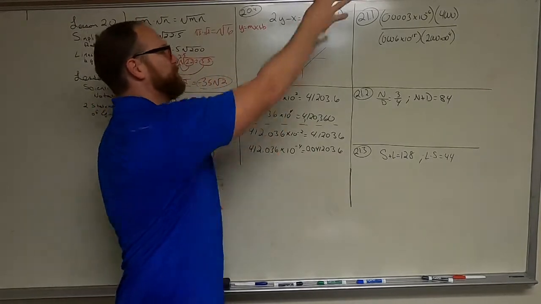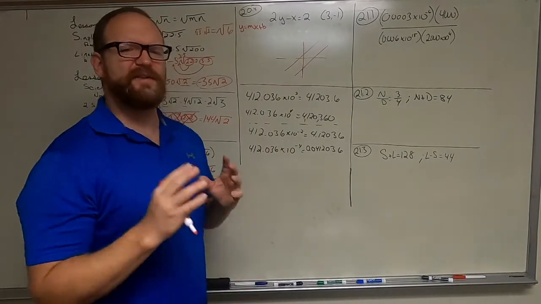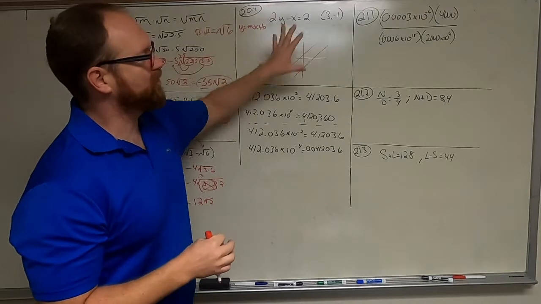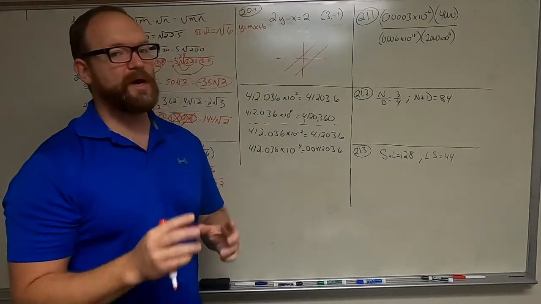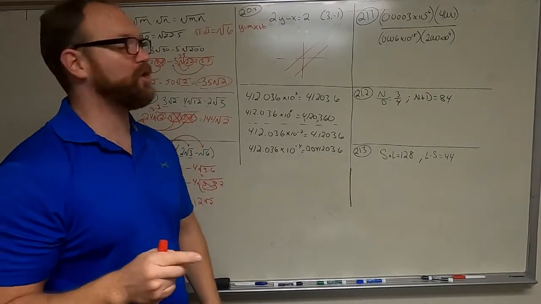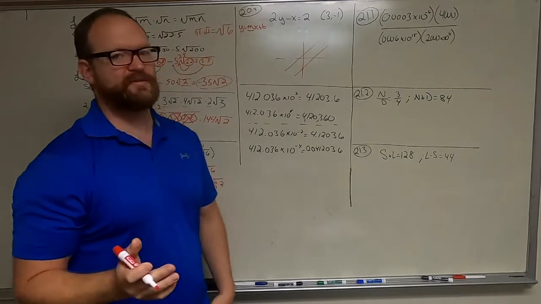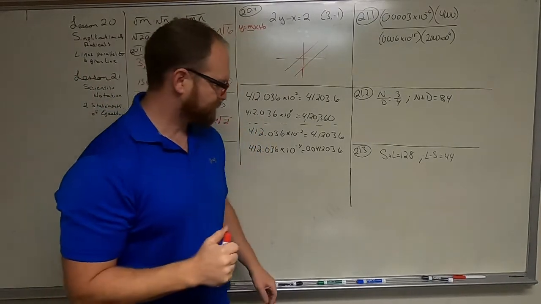It doesn't matter how far up that way they go, how far down this way they go, they're never going to cross. And the neat thing about parallel lines is it doesn't matter whether they're going up, sloped up, straight up and down, straight sideways, or sloped down. If they're parallel, they have the same slope. That means this right here, the m, it's going to be the same. It'll be the same number and the same sign if they're parallel.